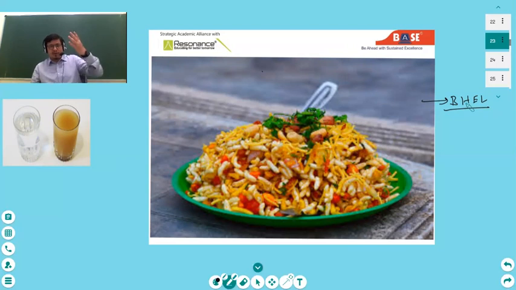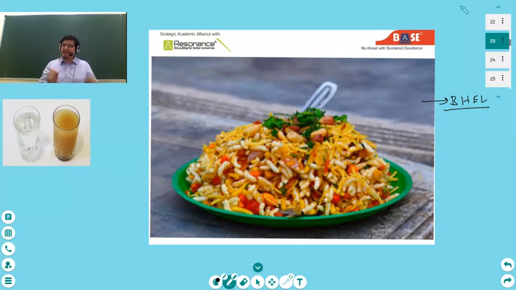So these four golden points you need to remember for a mixture. I'll repeat again. The first point is there is no chemical reaction taking place when you make bhel. Second, there is no fixed proportion present. There can be more tomato or more onion.